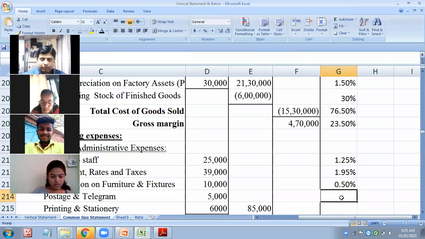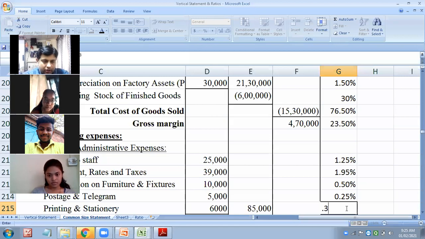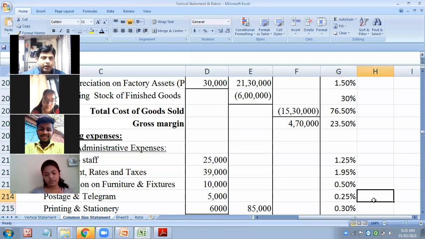Postage and telegram, 0.25%. Printing and stationery, again, we got 6,000, 0.03%. Are you getting these answers?